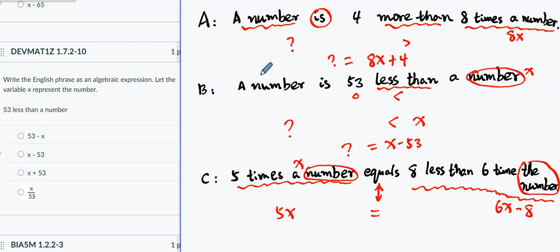So we do not know this number, but we do know it is 53 less than a number. So if we ignore 53, we know this number is less than x if we use x to represent this number. And then 53 less than.